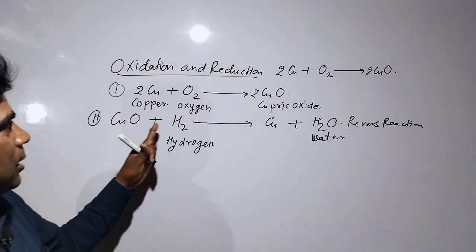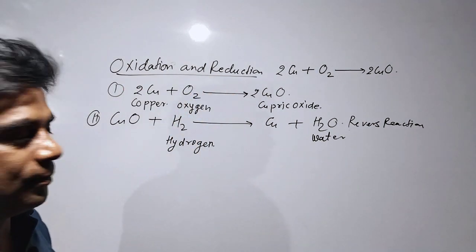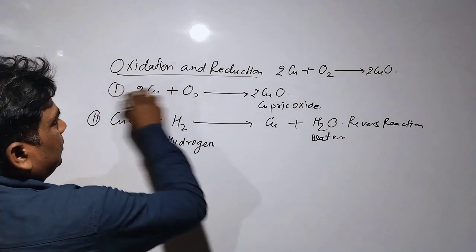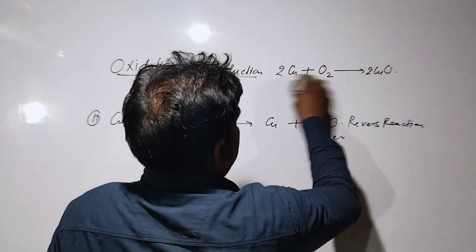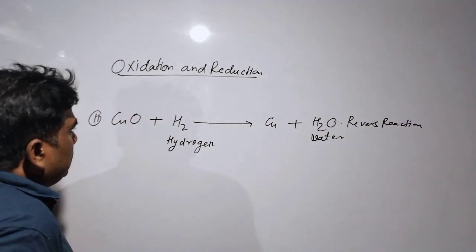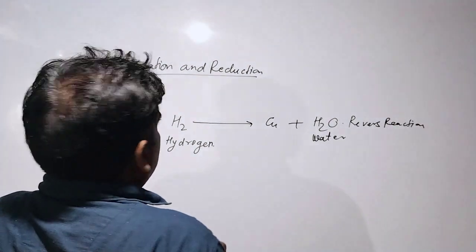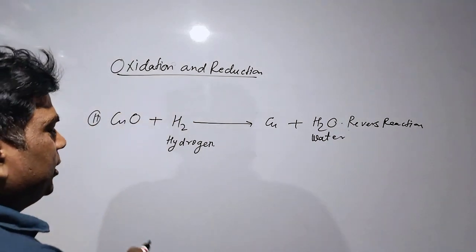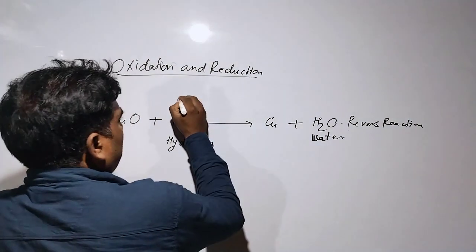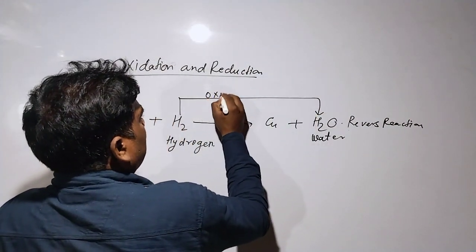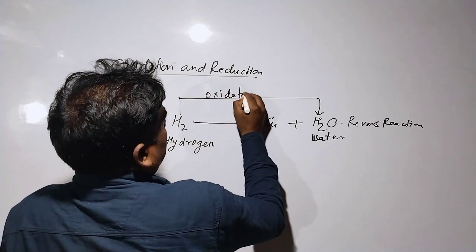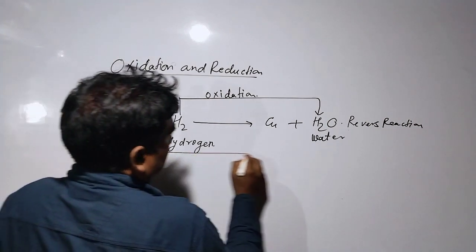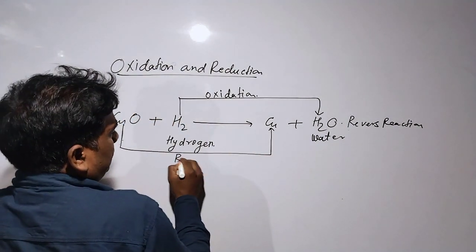In one reaction, we study how to find which reactants are oxidized and reduced. So we study these reactions and find out the oxidation and reduction. This is oxidation, and this process is reduction.